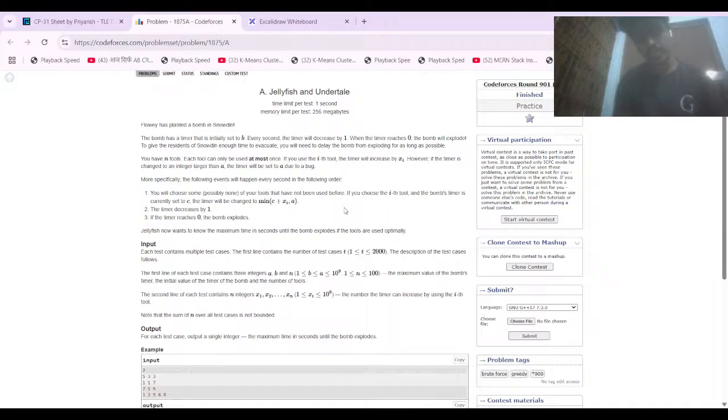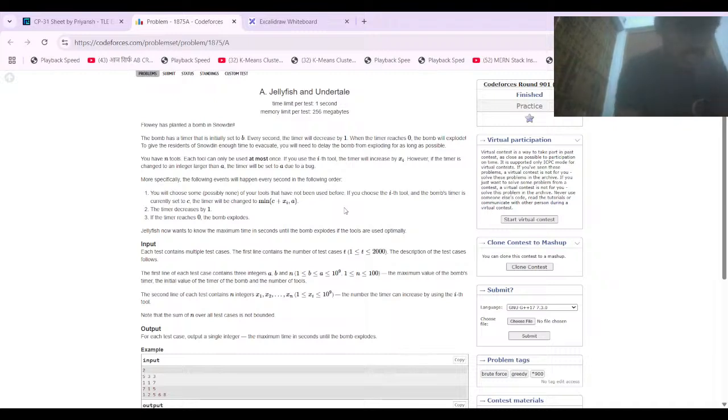I can choose the first and second. It's increasing my timer, right? It definitely increases my timer. This value jumps up and goes to 3, because I use the tools of 1 second and 1 second. So I have finally 3 seconds.